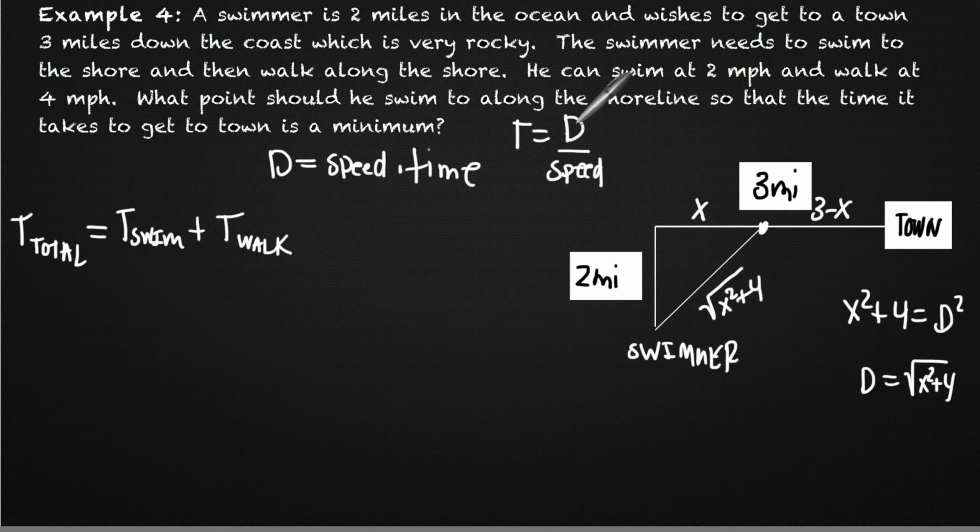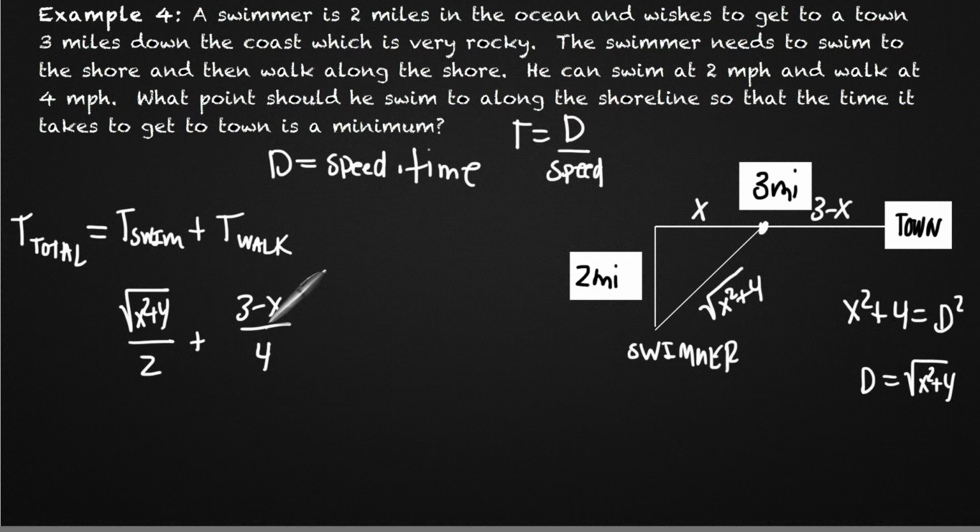The distance he has to swim is the square root of x squared plus 4, divided by the speed he swims at, which is 2, plus the time walking. The time is the distance he has to walk, which is 3 minus x, divided by his walking speed, which is 4.